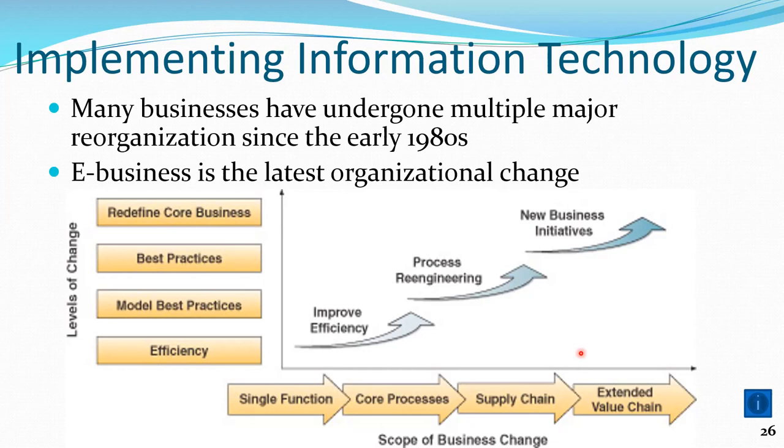Therefore, once you think of an e-business suite, such as Oracle e-business suite, it is a combination of these applications: ERP, supply chain, and customer relationship management systems. All these tools could be combined together, so that information can be taken from all these different sources. We call it the extended value chain.